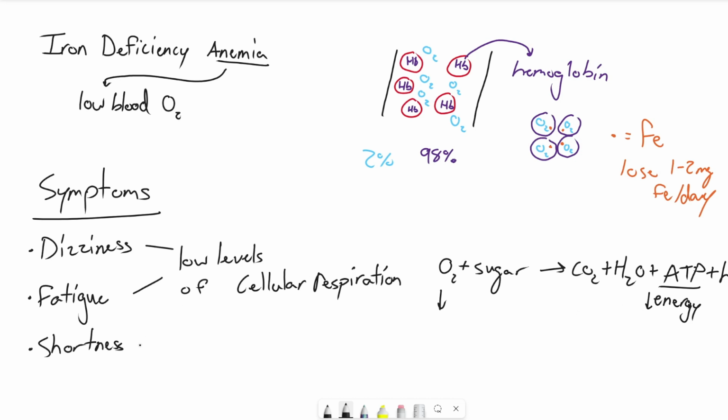We also have shortness of breath. Iron deficiency anemia doesn't necessarily cause shortness, but it does cause shortness of breath. And that's because we have receptors that check for O2 levels.